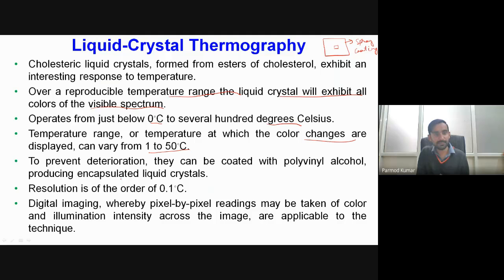Okay, so for example, this one important line is written over here, that the temperature range for this type of liquid crystals at which color will be changing can vary from 1 degree to 50 degrees Celsius.